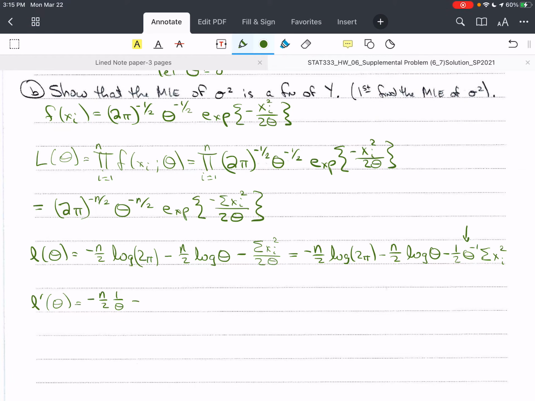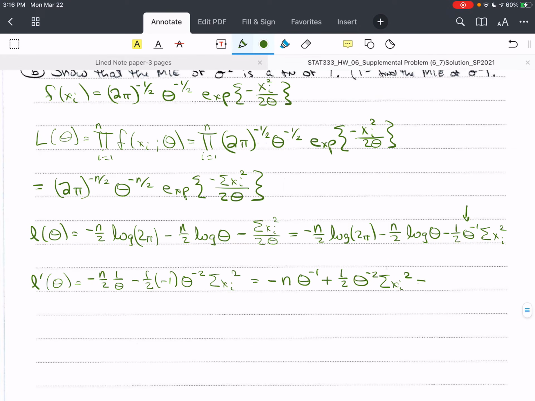So this is minus 1/2 times negative 1 theta to the negative 2 sum of xi squared, which is equal to negative n theta to the negative 1 plus 1/2 theta to the negative 2 sum of xi squared.